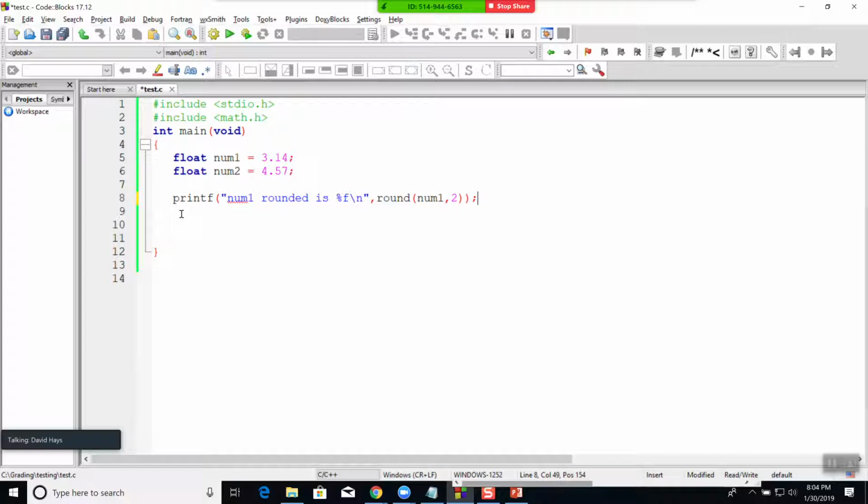I might be remembering this wrong. Why is there a red squiggly under it?